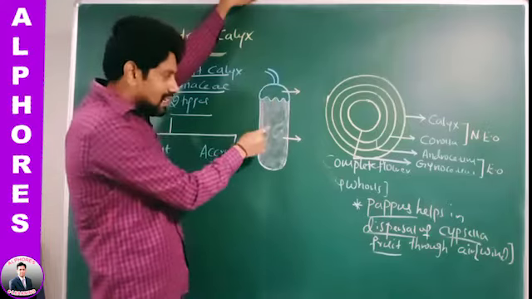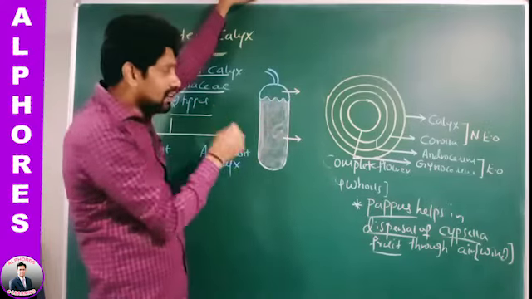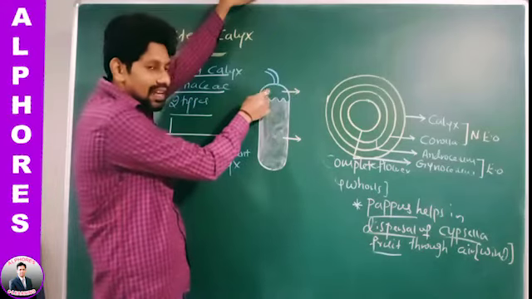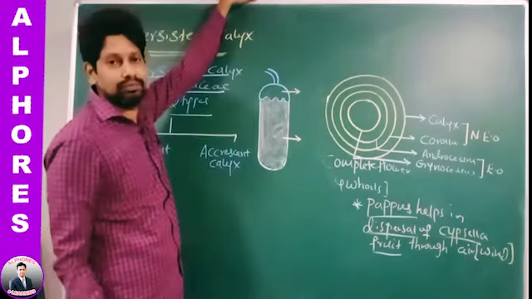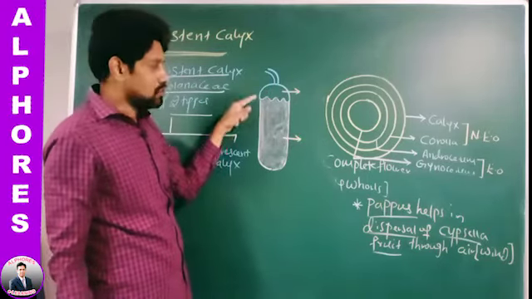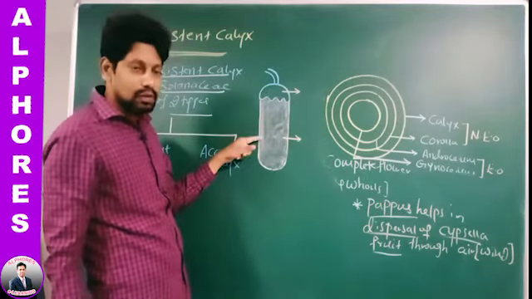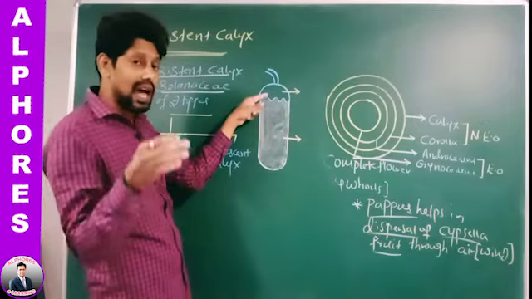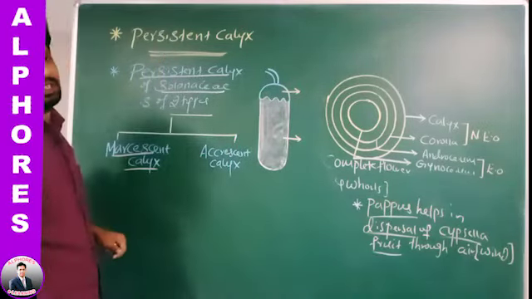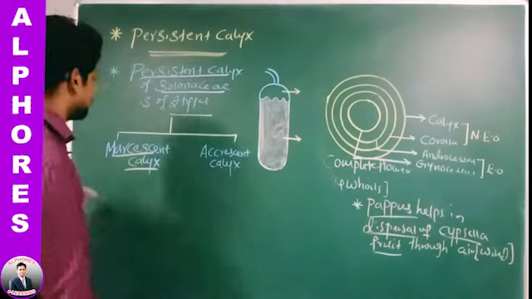It is present along with the true fruit, but does this persistent calyx grow along with the fruit? No. Therefore, a persistent calyx which is present along with the true fruit but does not grow along with the fruit is called a marcescent calyx.